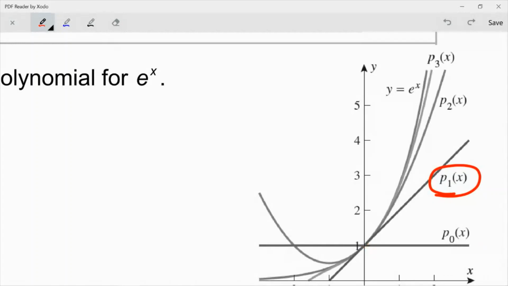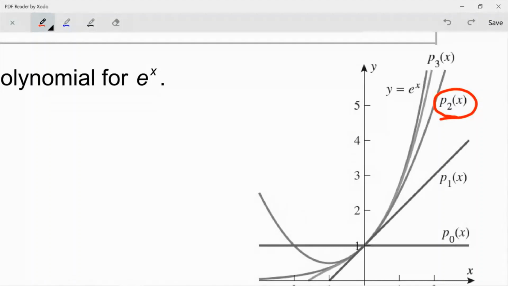So now we're going to use that same idea, and we're going to look at higher order polynomials. Using that same idea of looking at the slope of the tangent, we can do the same thing with the second derivative, and now we can create a quadratic representation of this function. You can see that's what this P with the subscript 2 means, a second order polynomial.